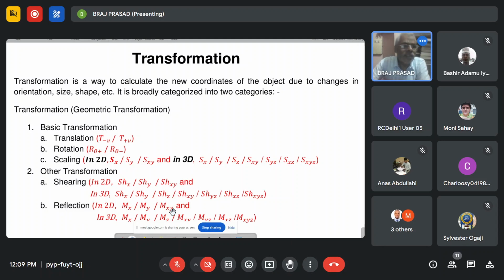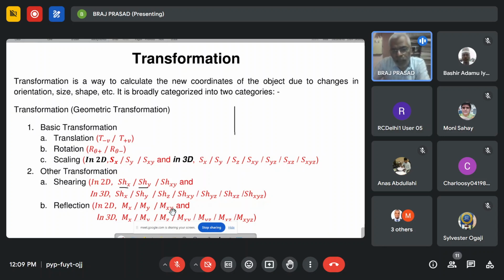In shearing, there are different notations. For 2D notation, we will use SHX. It means shearing in X direction. SHY means shearing in Y direction, and SHXY means shearing in X and Y both.